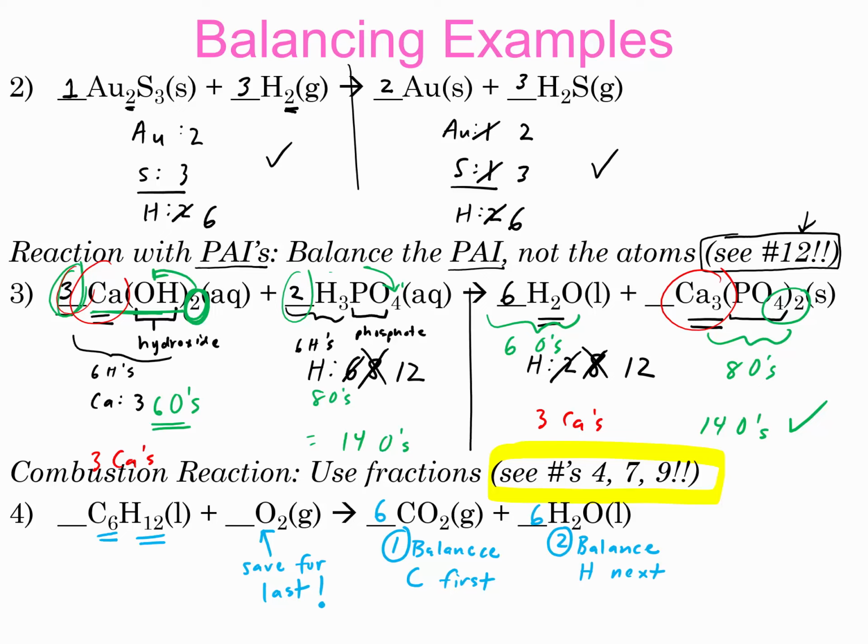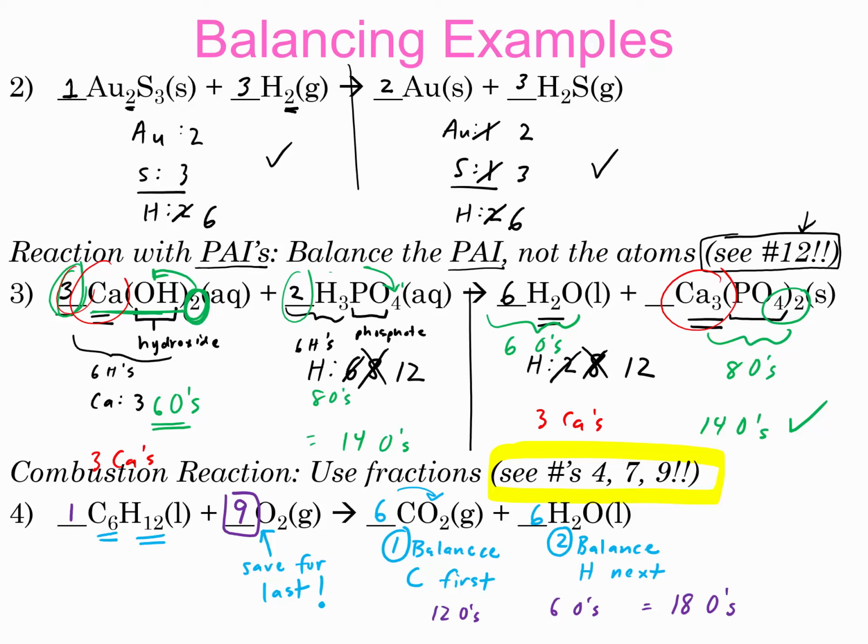Now for oxygens, I have 6 times 2, so I'll use a different colored pen so we can keep track. 6 times 2 gives me 12 oxygens from the CO2, and then 6 from the water, so that's a total of 18 oxygens. What times 2 gives you 18 is 9. And then this will be a 1 right there. Okay, and it should be balanced.